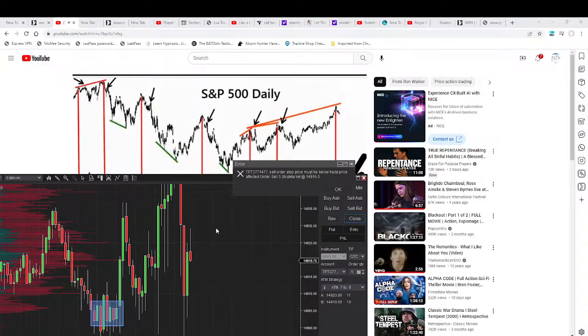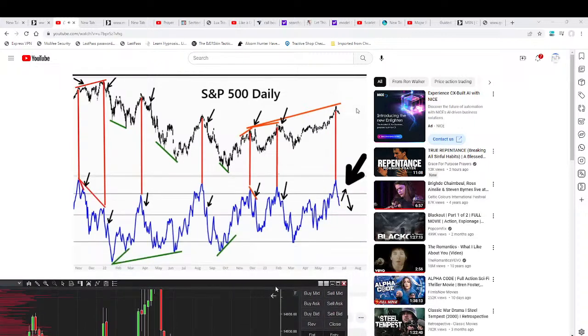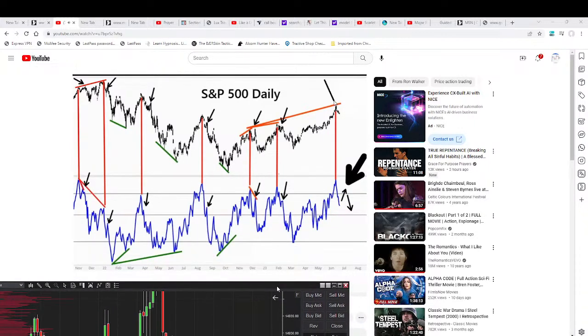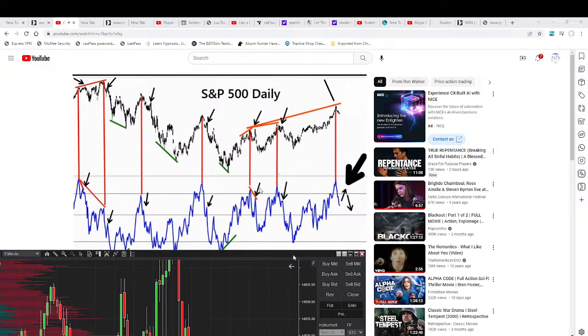Now, another thing, if we look at Signal X, it marked a peak when we reached extremes on options expiration just over a week ago. And it marked an extreme. I talked about it at the time. As we've seen other tops, it's marked extremes.